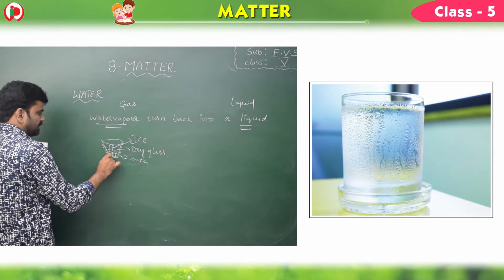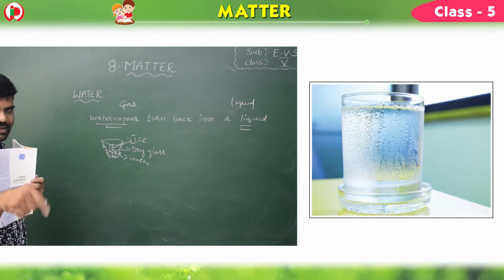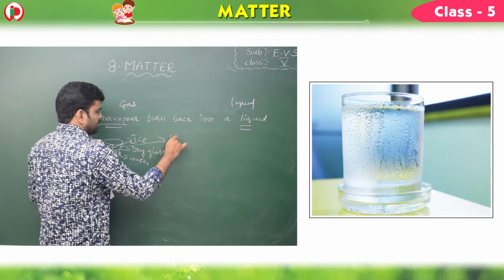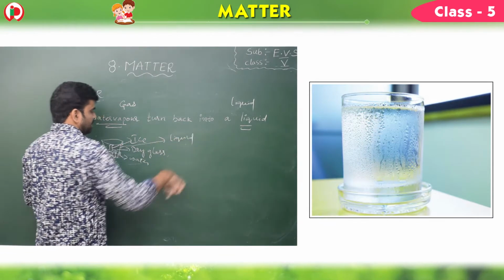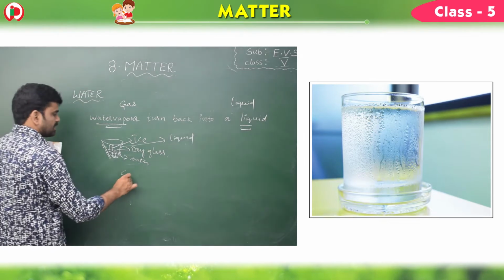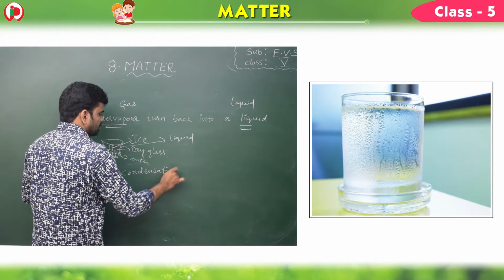This is a common experience for everyone. When you touch the glass from outside, you can see the droplets of water, which is nothing but a liquid. So what is happening here? The vapor is converted to the liquid, which is called condensation, children.